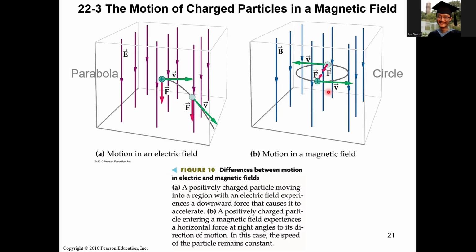The force is perpendicular to the velocity, so it provides a centripetal acceleration for the charge. So a charge moving inside the magnetic field will move in uniform circular motion, where the magnetic force provides the centripetal force: qvB equals mv squared over r.